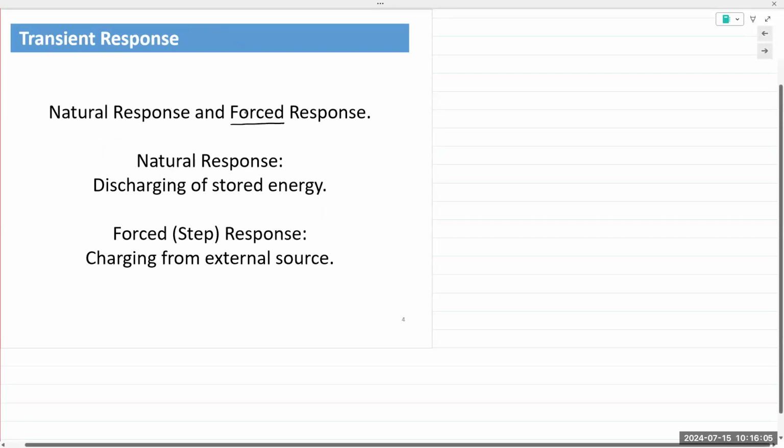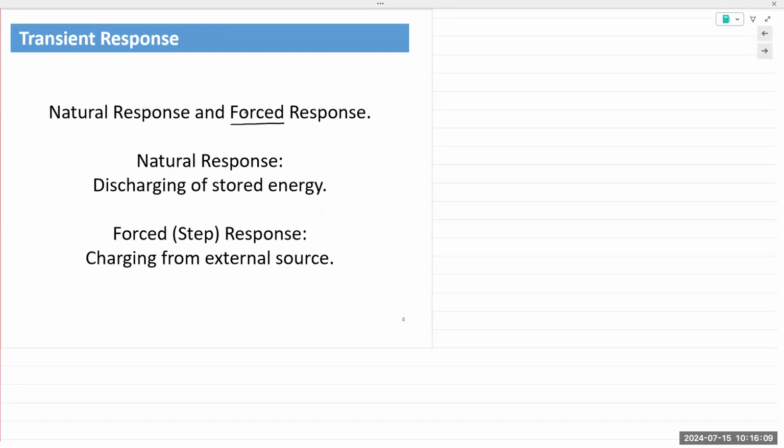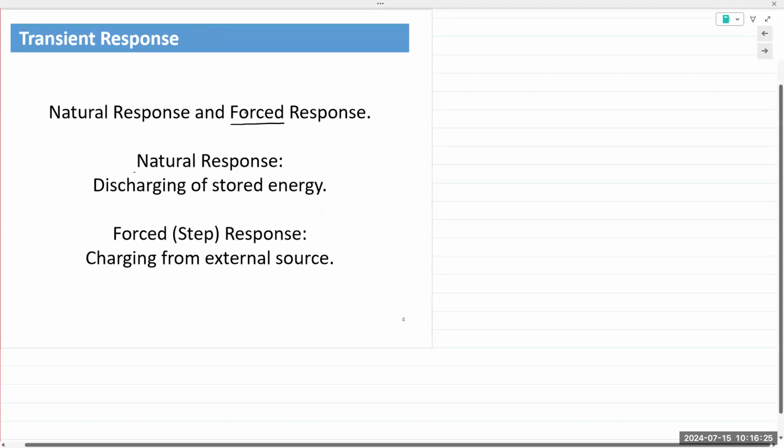The word forced has sinister connotations, but it's not sinister. Forced simply means that the response of the circuit, meaning the voltage and current that appears in the circuit, is not due to stored energy. If it's stored energy, meaning there is no source connected in the circuit, we call it a natural response. Forced response is basically you connect a source to the circuit.